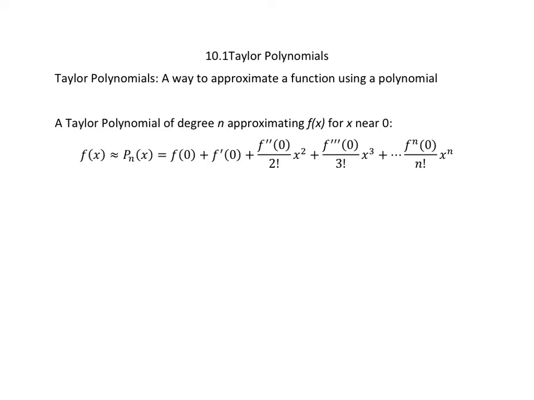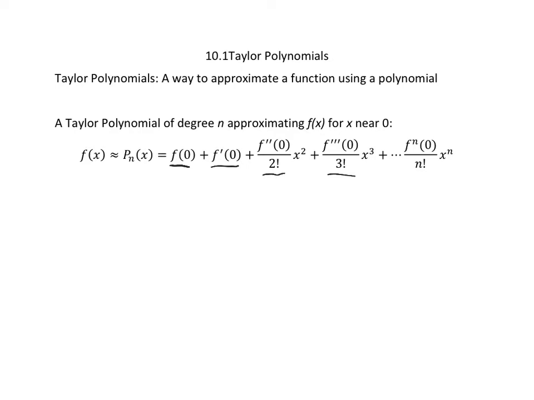To get the Taylor polynomial of some function f of x, you follow this pattern. You do f of 0, then you find f prime of 0. Then you do the second derivative at 0, and you put it over 2 factorial times x squared, plus f triple prime of 0 over 3 factorial times x cubed, and so on.